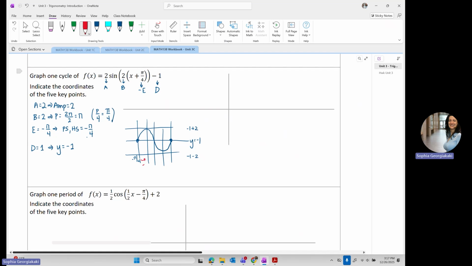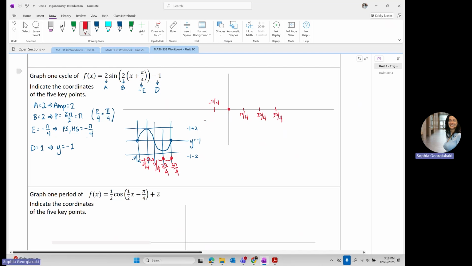So plus pi quarters will get me to 0, plus pi quarters will get me to pi quarters, plus pi quarters will get me to 2 pi quarters, and plus pi quarters will get me to 3 pi quarters. So I need those values: negative pi quarters, 0, pi quarters, 2 pi quarters, or pi halves, 3 pi quarters.